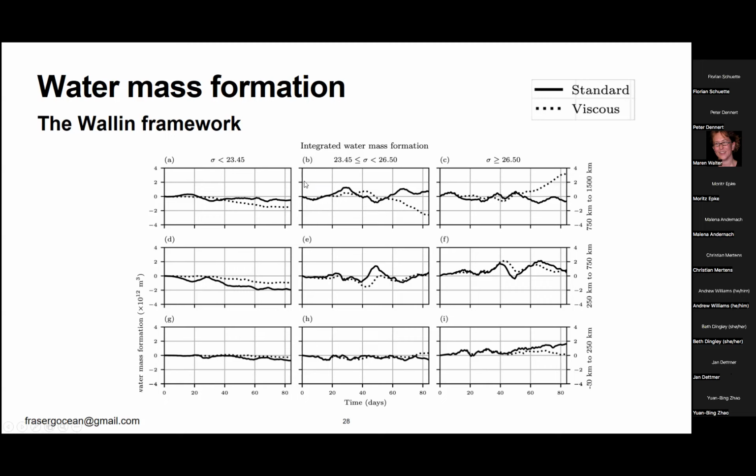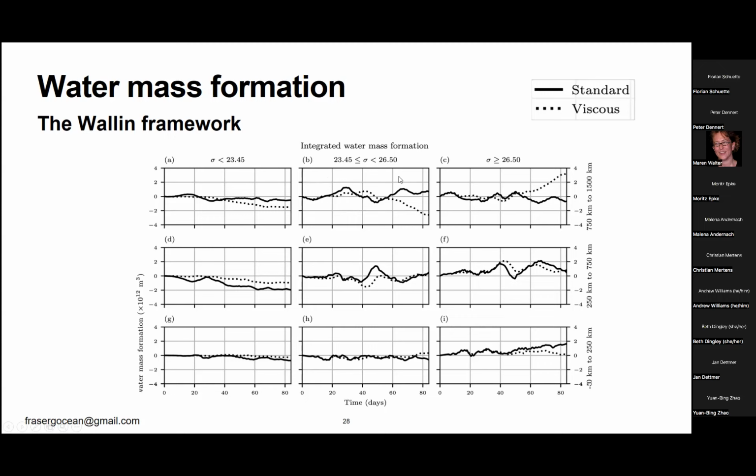But first of all, to even parameterize it, we need to work on these models a lot. And also, to even decide whether it's worth parameterizing, we need to work on these models to work out what these water mass formation and transformation rates are. So this shows that there's still work to be done here.